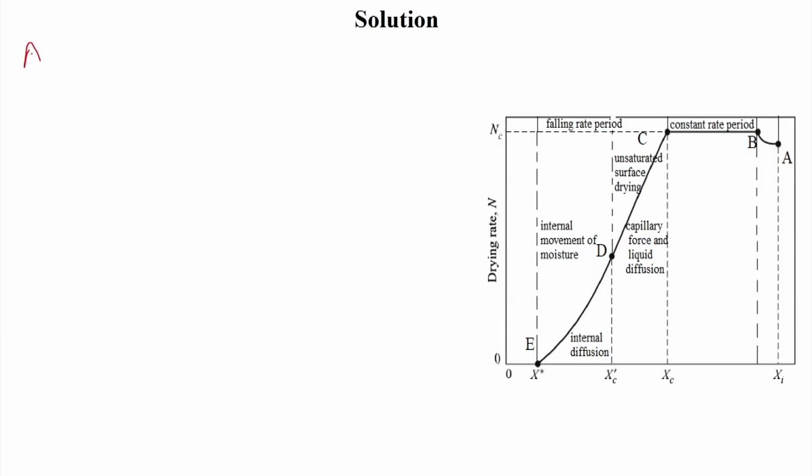We will mention the conditions like this. At x equal to Xc1, A1 Xc1 plus A2 is equal to NF1, and that is also equal to Nc, because it is at the beginning.